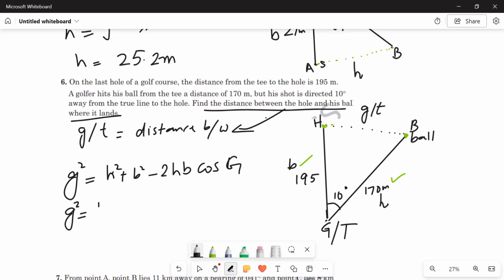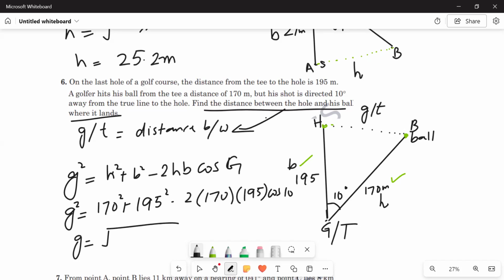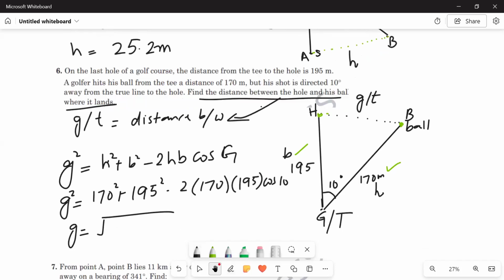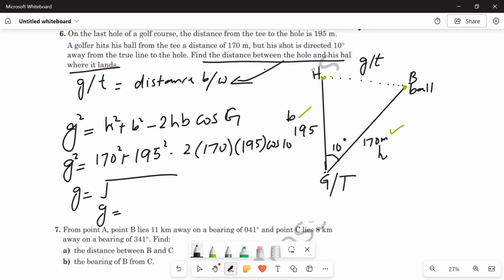So h square is 170 square, b square is 195 square, minus 2, 170 and 195 and cos 10. Find this and take the root, it's going to be 40.4. Yes, it's correct. Its answer is 40.4 meter. Is it in meter? Yes, it is in meter.